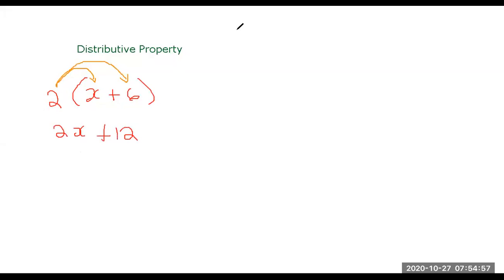If you look at another example, if we have 2 times (4 + 3), and I'm applying the distributive property, whatever numbers are on the outside, I have to multiply by all the numbers on the inside. 2 times 4 and 2 times 3.